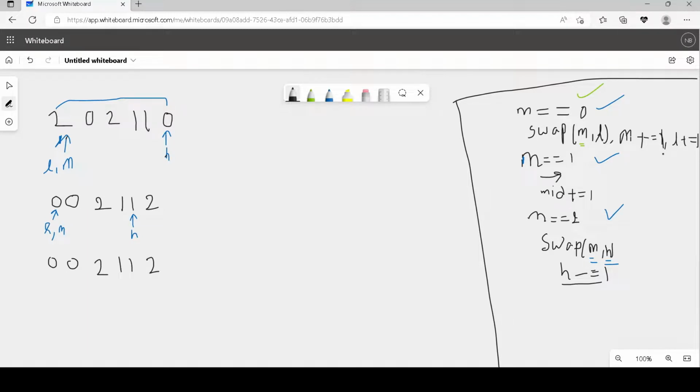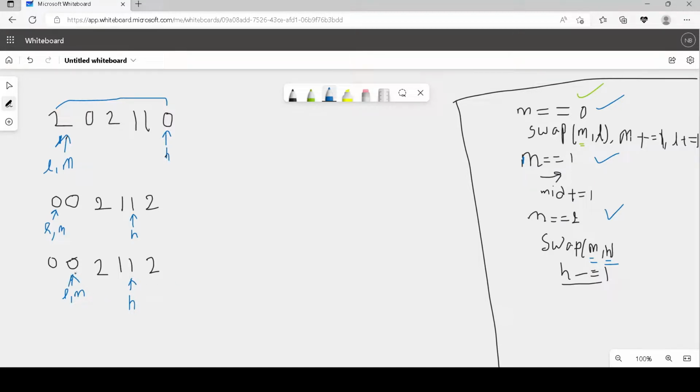After swapping, we have to increment both the low pointer and the mid pointer by 1. So my low pointer and mid pointer will be here, and my high pointer is here. Again we check.